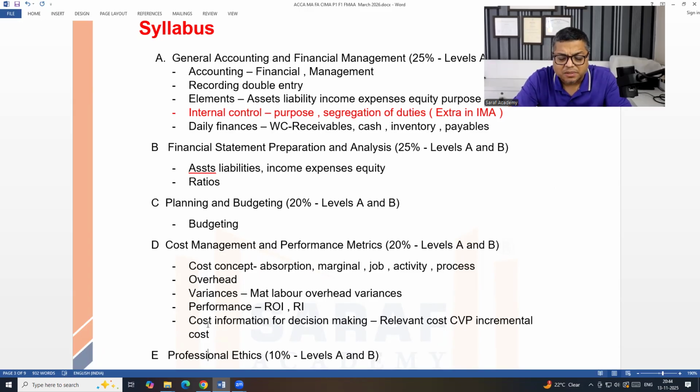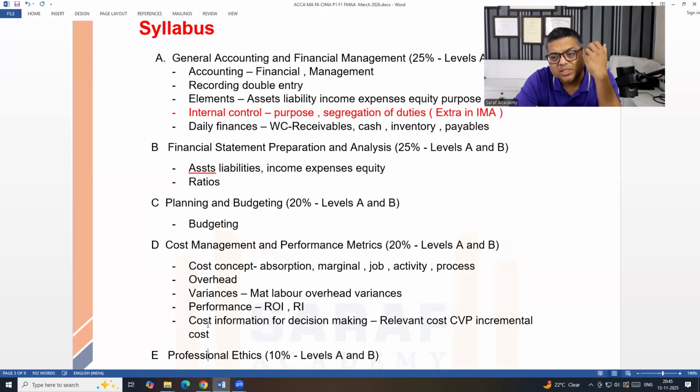In ACCA, the pass mark is 50 out of 100. In FMAA, the pass mark is, I am forgetting, it's a 200-marks paper, and it is around 150, less than 150, I think 140. So in FMAA, the pass percentage is higher.